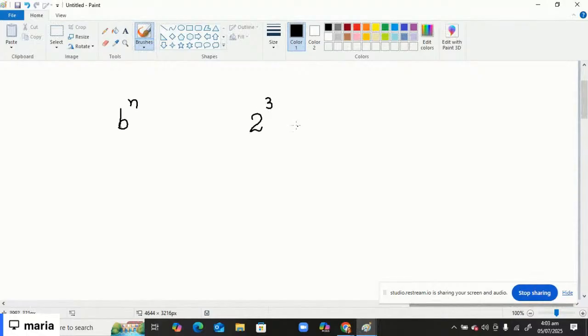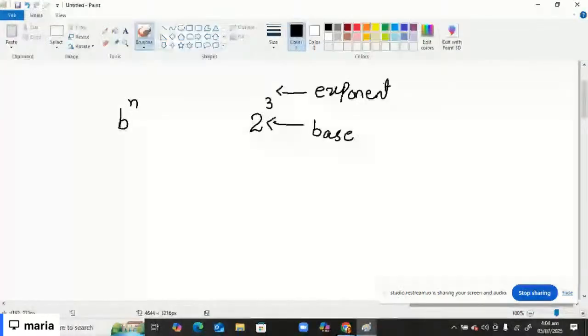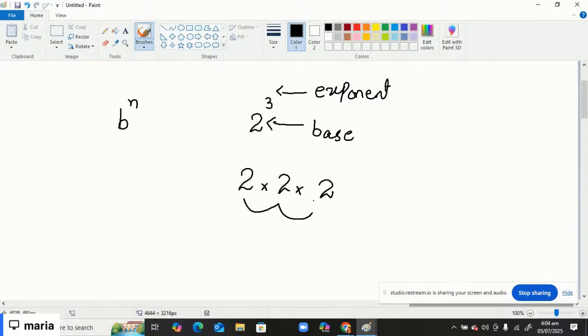This is your base, and the power is called your exponent. The exponent is a positive integer, and b is any number. This shows how many times the number is multiplied with itself. For example, 2 power 3 is 2 times 2 times 2, so it is multiplied 3 times.